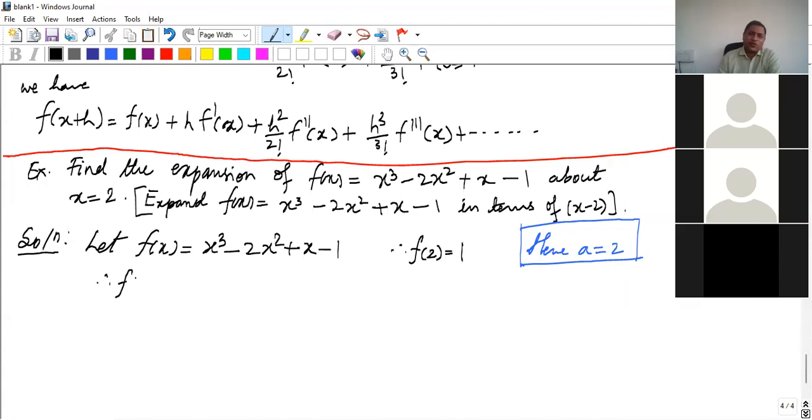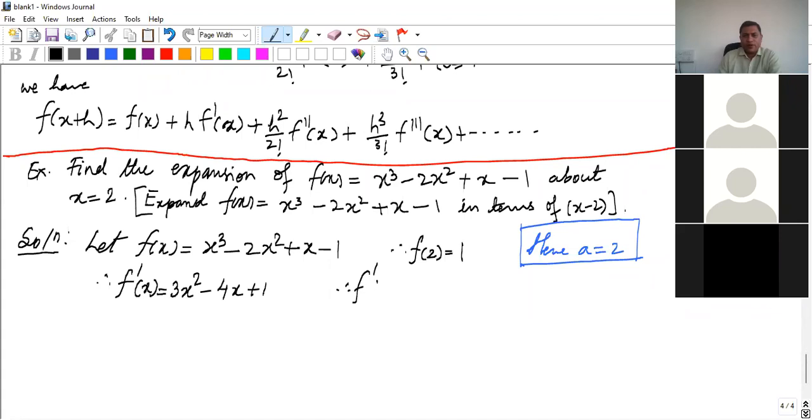Next, we have to calculate the derivative. So you'll be having 3x square minus 4x plus 1.